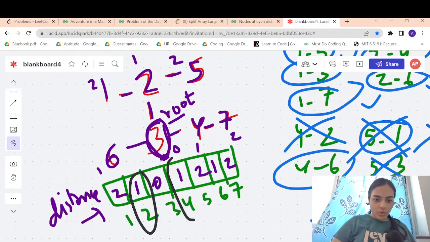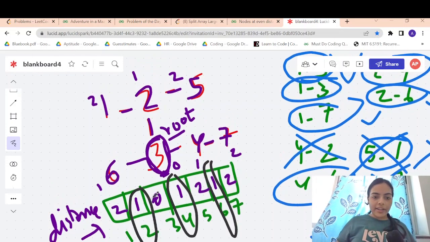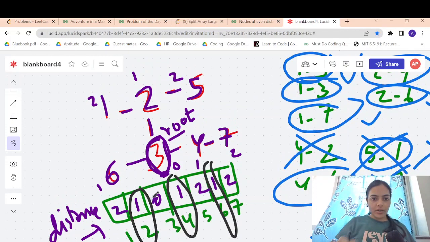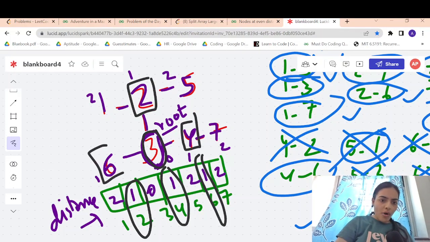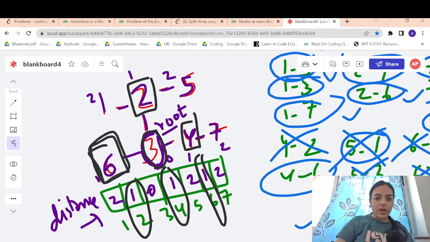Node 2, node 4 and node 6 are relatively all having odd distance compared to node 3. That means amongst each other they will have even distances.